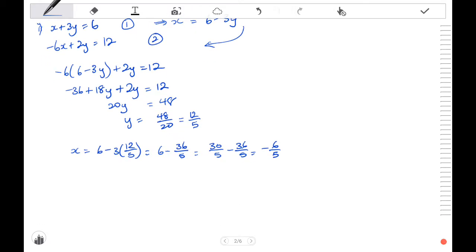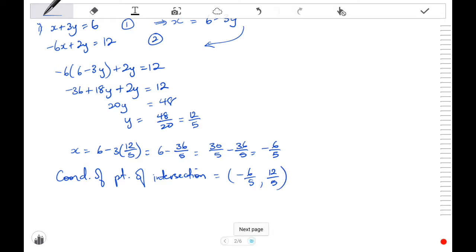So this is the x value. Therefore the coordinates of the point of intersection would be the x value first, minus 6 over 5, comma 12 over 5.